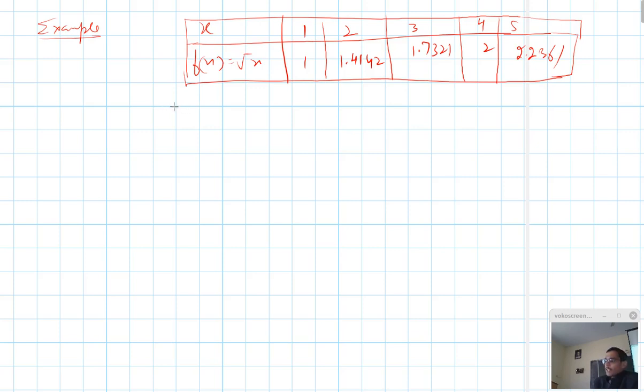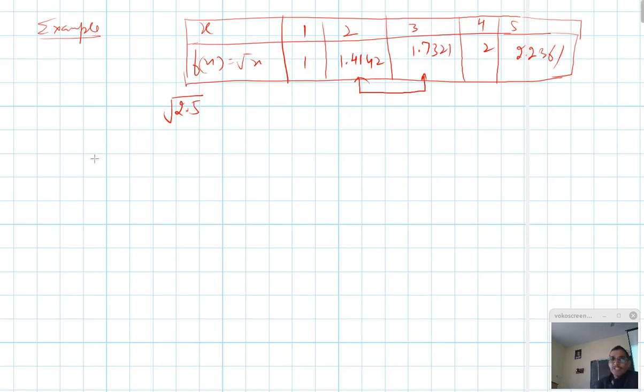And what is our objective? We are interested in finding root of 2.5. For the given data points, it is lying between 2 and 3.